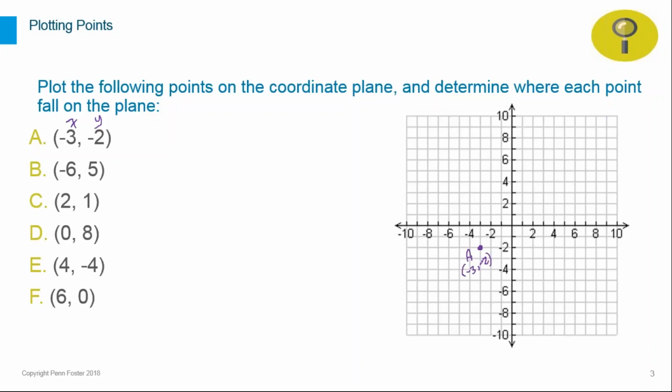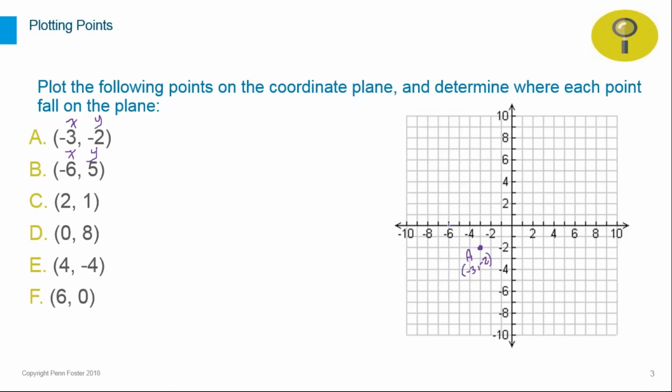Let's do B. Point B, (-6, 5), and we know that's an x coordinate and y coordinate. So first we have to determine, is it left or right on the x-axis? It's a -6, so that would make us go from the origin to -6, meaning 6 units to the left. So this is the x coordinate.